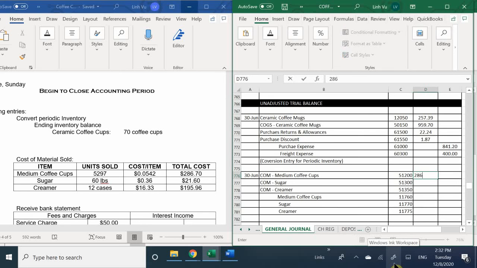So 286.70 on the medium coffee cup, and then the sugar is 2160, and then creamer is 195.96. And let me transfer those.